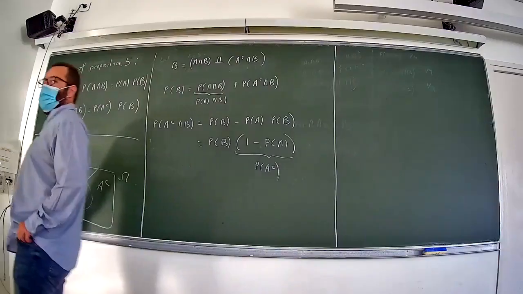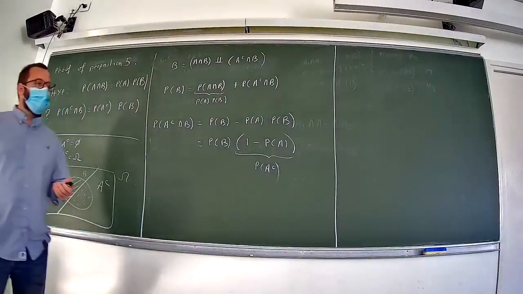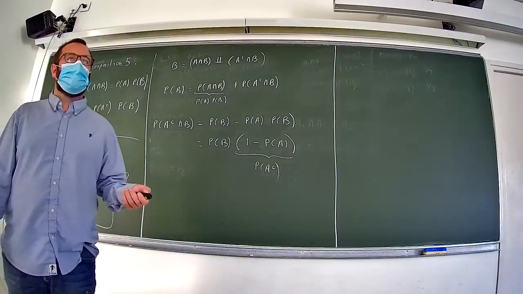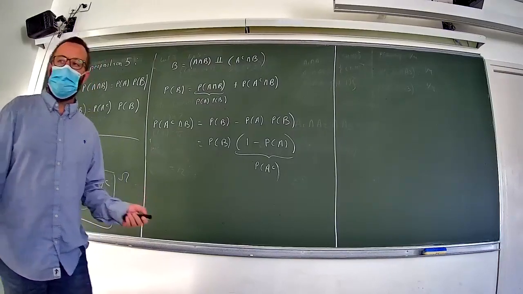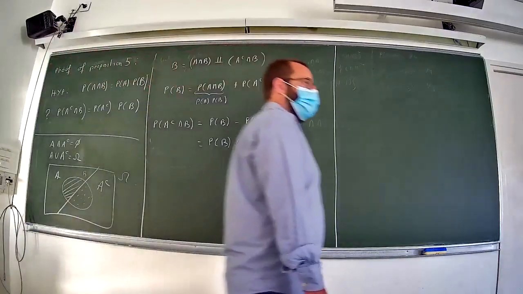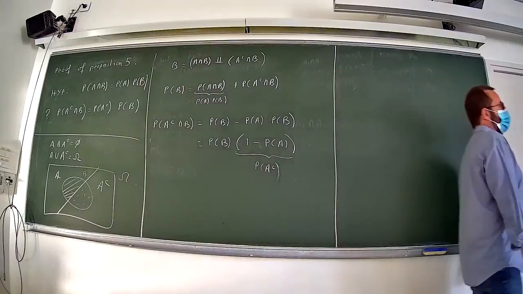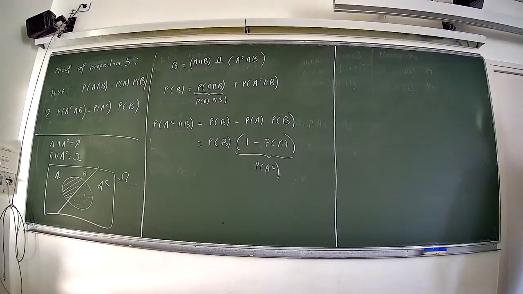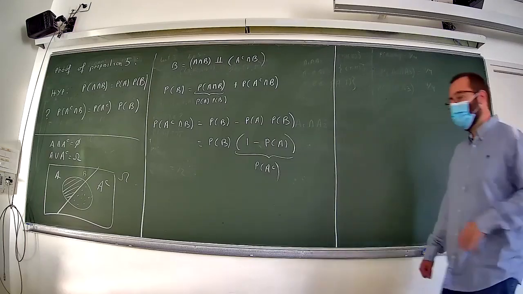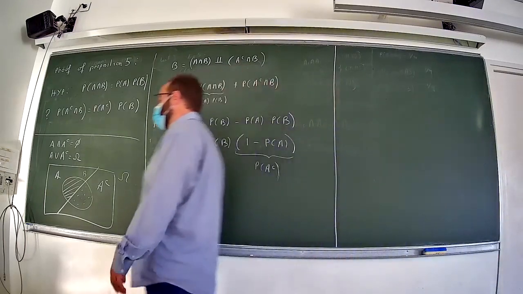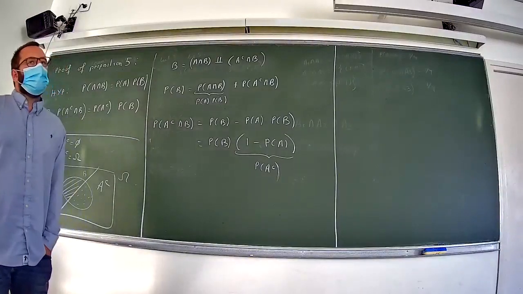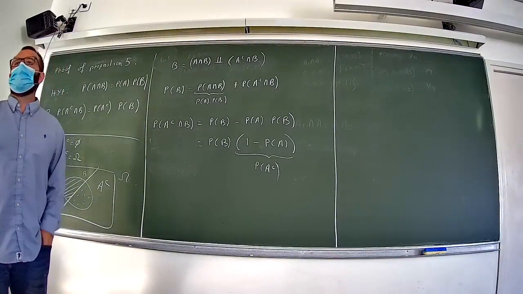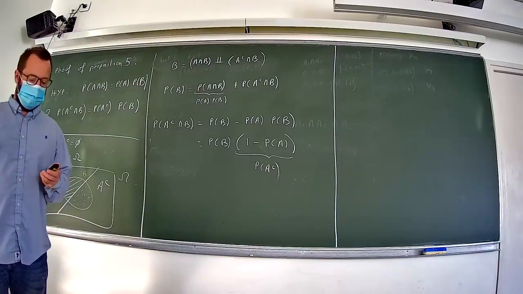And at home, you can try to do by yourself exactly the same thing for the case A and B complementary, and A complementary and B complementary. And you will obtain exactly the same statement. So I ask you to do a little something at home for today.